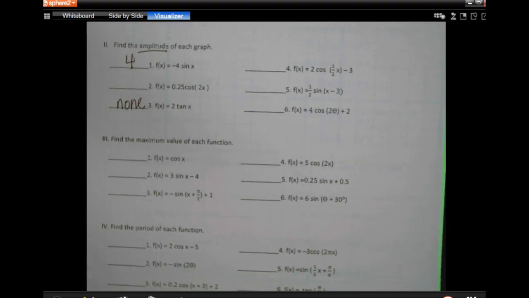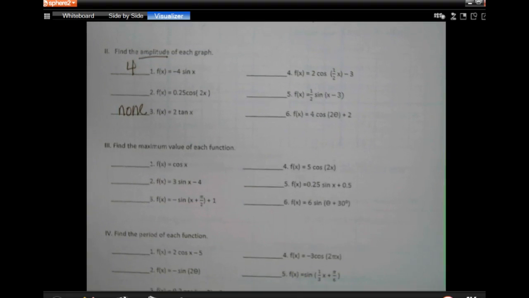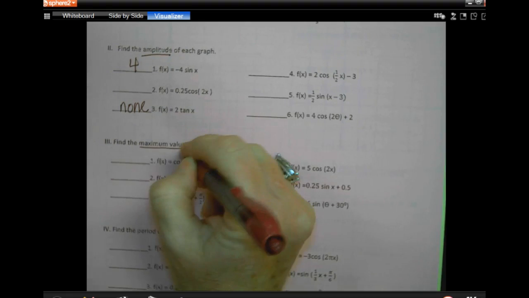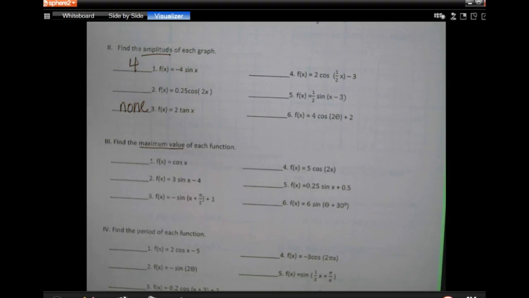Okay, so number 3, it asks for the maximum value. Is maximum going to be x or y? It's y, because the maximum is up and down. It couldn't be x. So what is the maximum value of every sine and cosine?